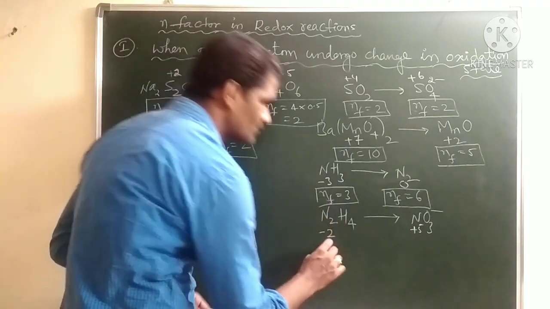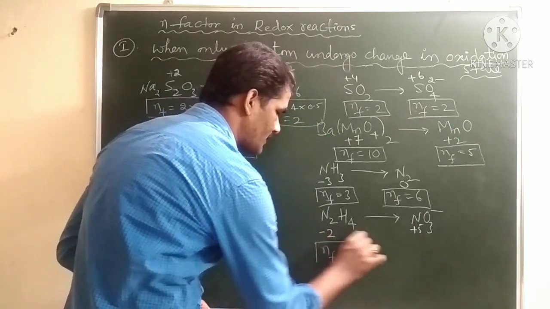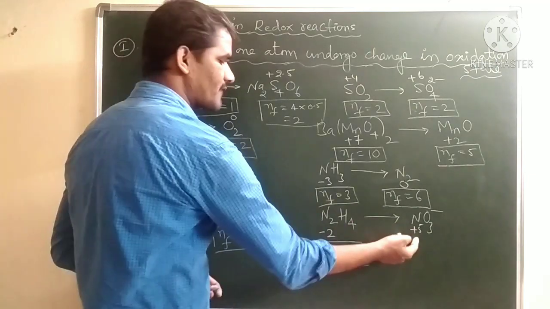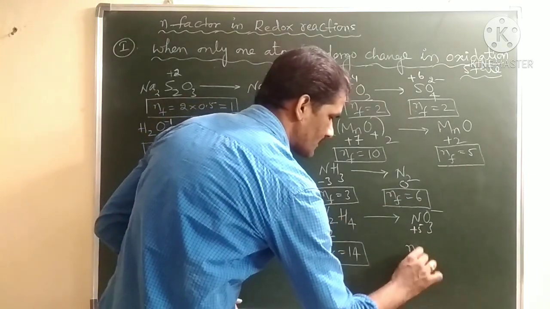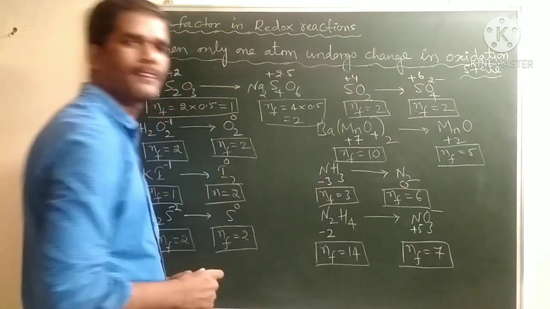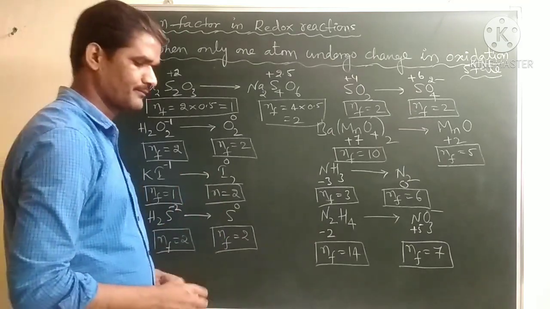So 7 into 2, 14. n factor for hydrazine is 14 in this reaction. Similarly, nitrate, +5 to -2, the same change but only one nitrogen. n factor is equal to 7. Let us take some more examples here.